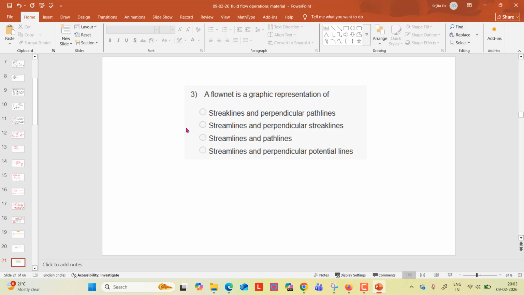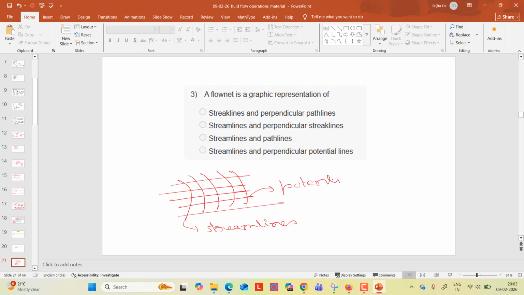Next, a flow net is a graphic representation of, we have seen that flow net, these are the streamlines and this is your equipotential lines. So it is the streamline and the perpendicular potential line. Option D.